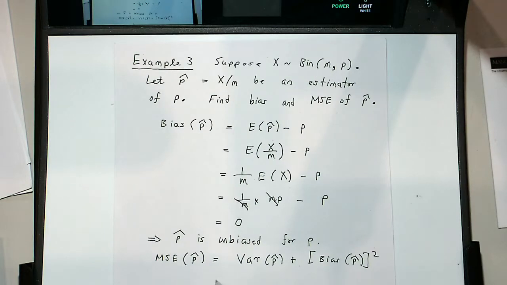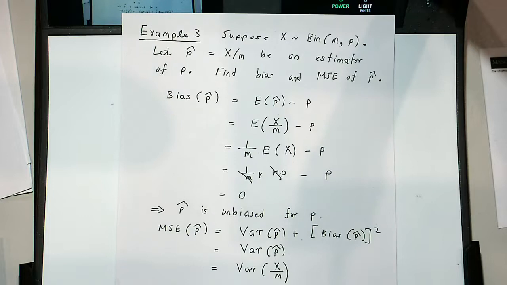So this will become the variance of p hat. So this is the variance of X divided by m. Now once again pulling the m outside, you need to square the constant, right? Because m is a constant, when you pull it outside, it becomes 1 over m squared times the variance of X.